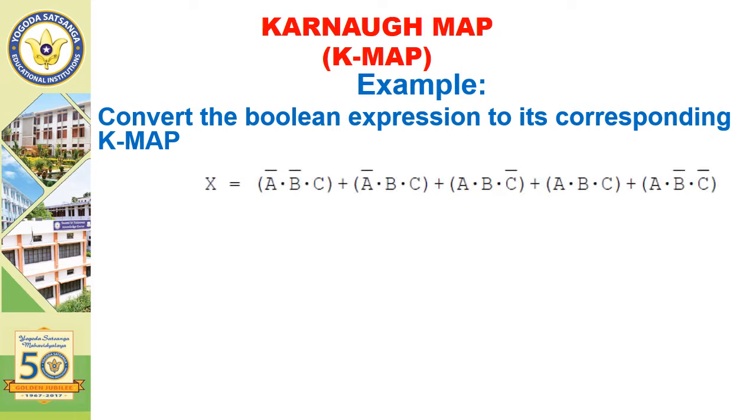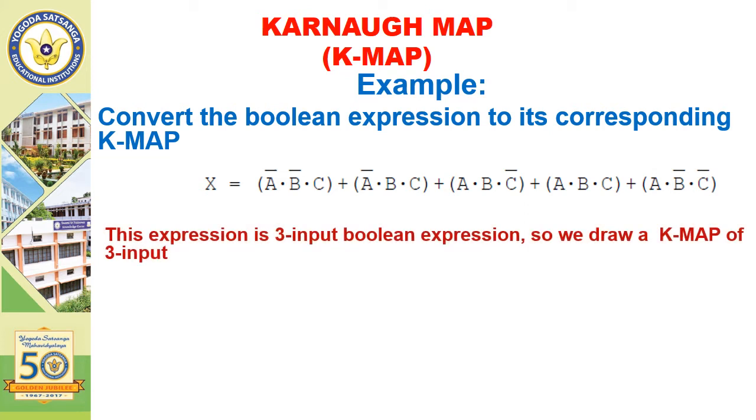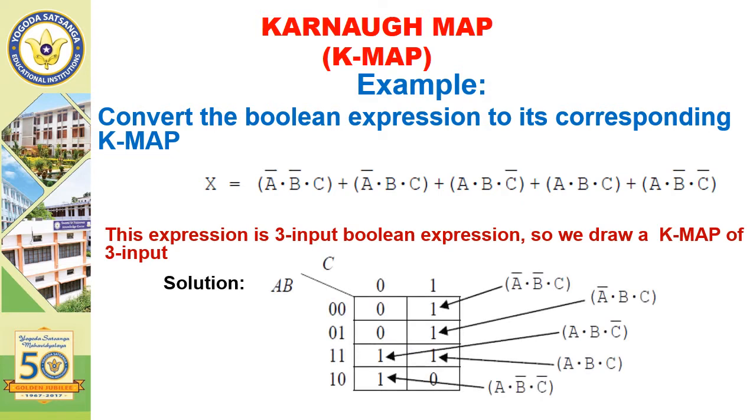Here we take an expression having 5 terms, where it is clearly mentioned that the Boolean expression has 3 inputs A, B and C. So we draw a K-map of 3 inputs. In the Boolean expression, the given term is put with the value of 1 in the K-map, and the rest of the cells in the K-map are written as 0.